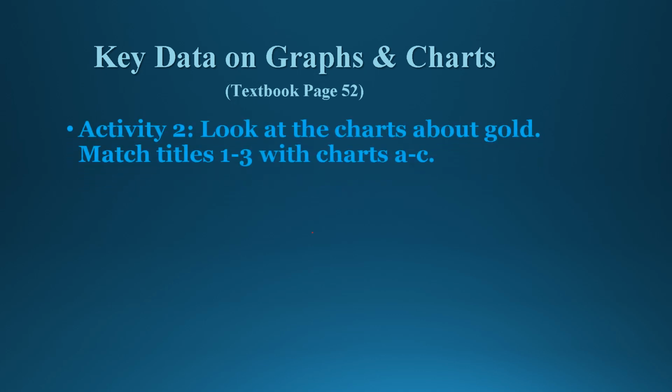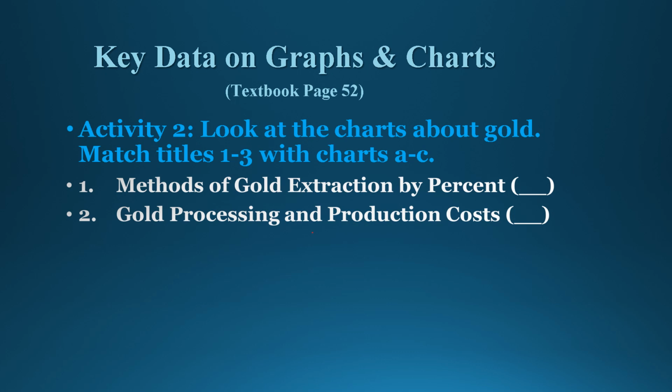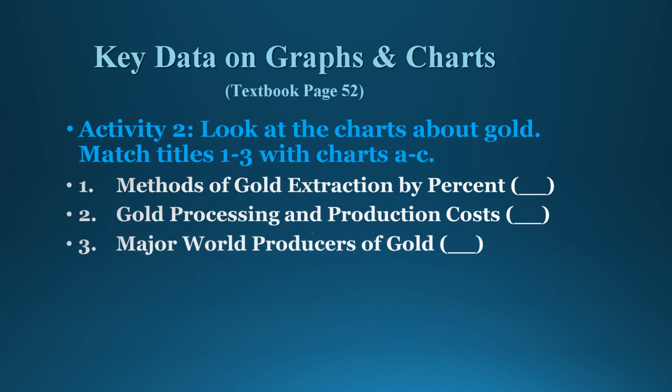Okay, please look at activity 2. There are 3 charts. They're all about gold. The first activity is to match the titles 1 to 3 with the charts A to C. Methods of gold extraction by percent, gold processing and production costs, major world producers.